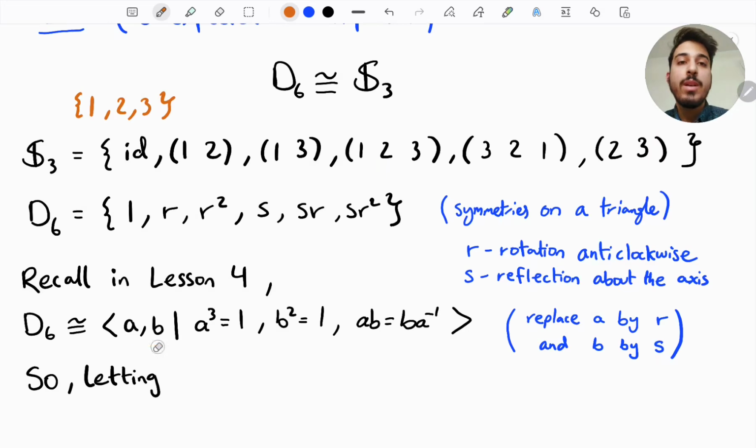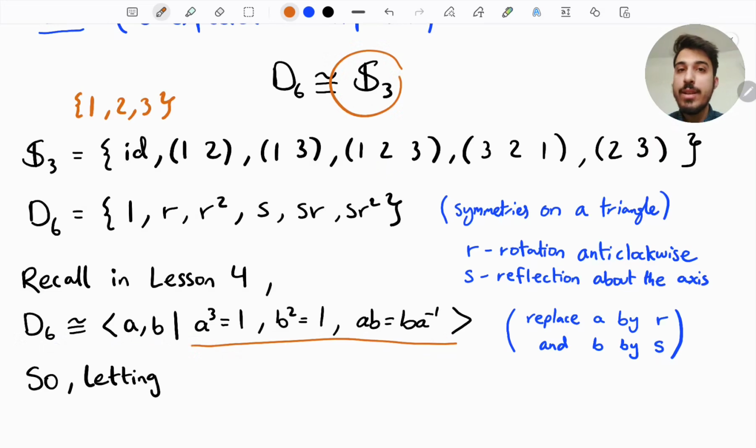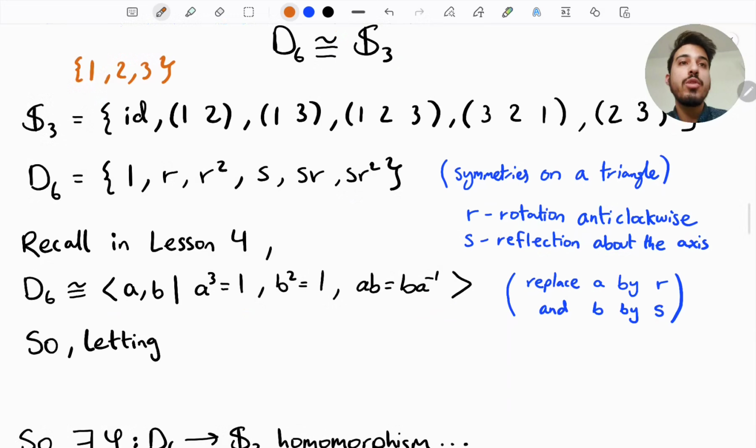So if D6 is isomorphic to this group, that means that we need to see that S3 has also these relations if we choose an appropriate A and an appropriate B. So this is in fact what we're going to do. We're going to choose A to be some element here and B some other element there, and we're going to see that they satisfy the relations.